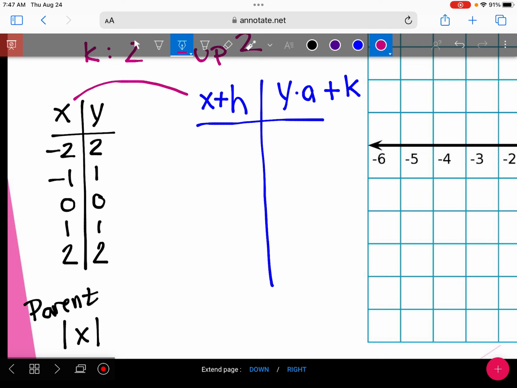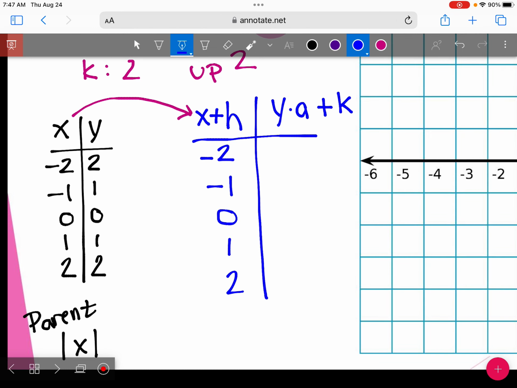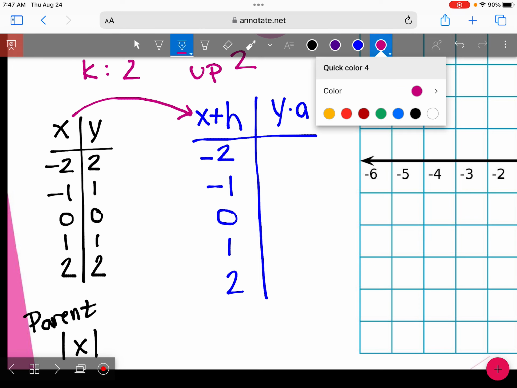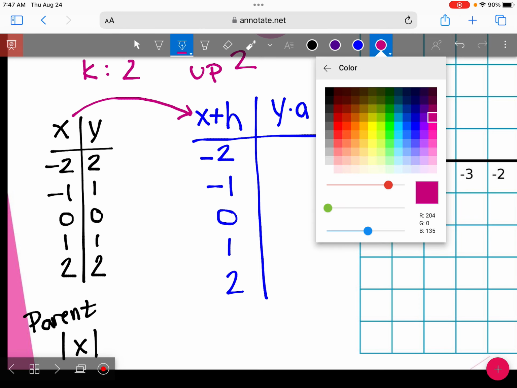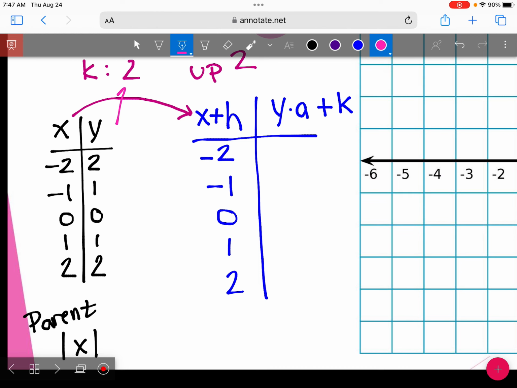So -2, -1, 0, 1, and 2. And then we do have a k, so we're going to take our y's. I'll change this color to be slightly different. Add it to k and bring it over.